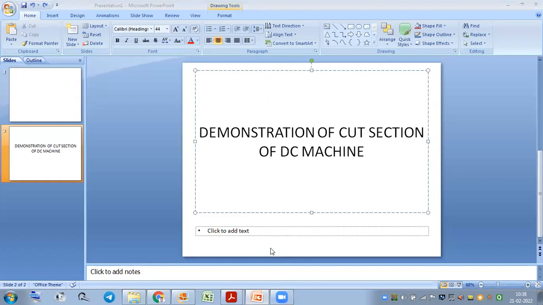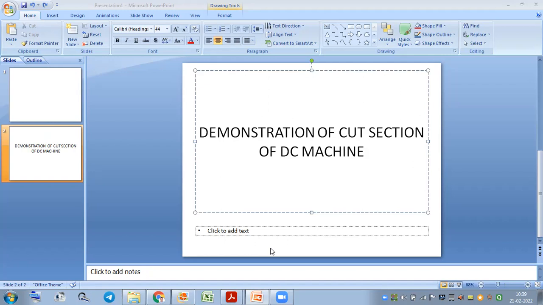Cutoff section of the machine means we cut a portion of the machine. If a whole machine is equivalent to 100%, and we cut the 1/4 section of the machine, then we call it the cutoff section of the machine.